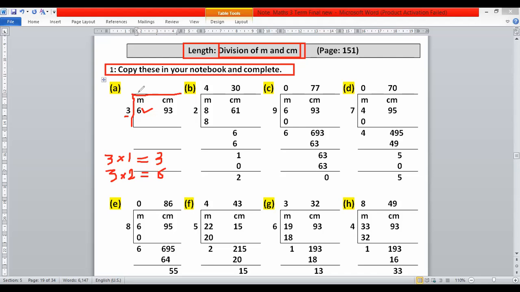When we multiply 3 by 2, we get 6. After that, we subtract this number from the above. Here we get exactly the same number. Therefore, when we subtract 6 from 6, we get 0. It means we get 0 meters, no meters.